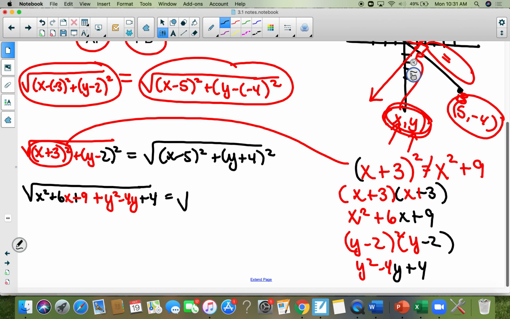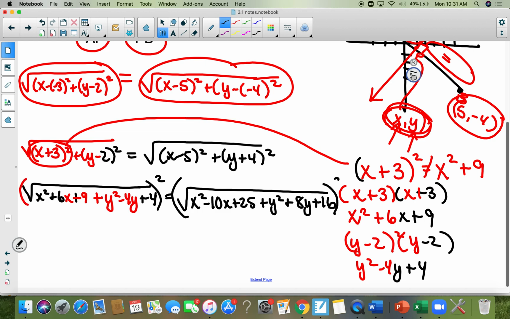Equals, do the same thing over here. This is going to be x squared minus 10x plus 25 plus y squared plus 8y plus 16. So all I did was the FOIL method 4 times in this problem. And now I'm going to square both sides, and when I square both sides, I get rid of the square root.